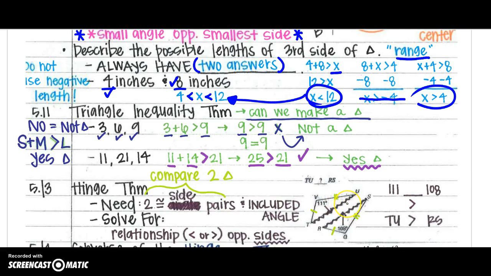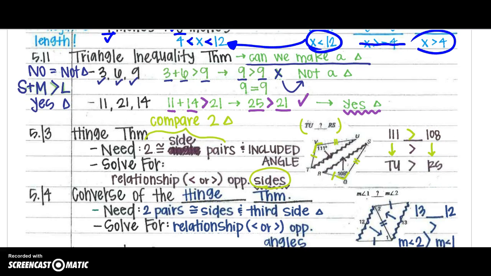So I have two congruent sides and the included angle. So I have the included angle in the hinge. I'm going to solve for the opposite sides. Again, hinge is solving for the opposite sides. So because 111 is greater than 108, I know the side opposite 111, which is TU, is greater than the side opposite 108, which is RS.